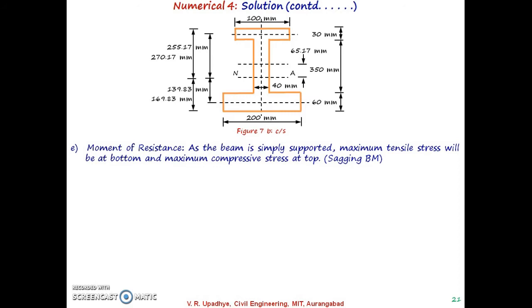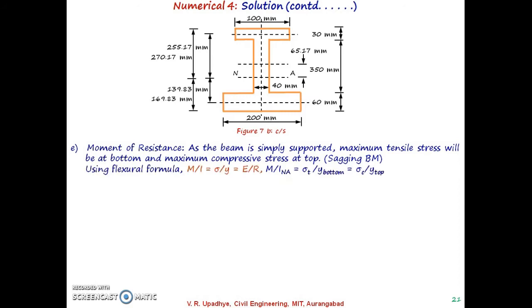As the beam is simply supported, it will be subjected to a sagging type of bending moment, so maximum tensile stress will be at the bottom and maximum compressive stress will be at the top.